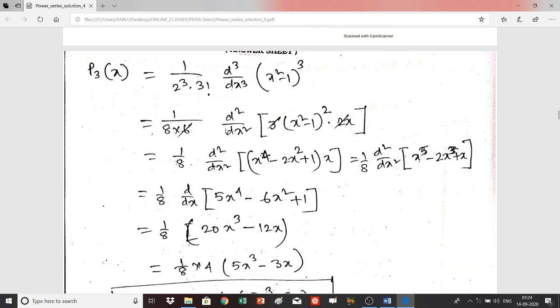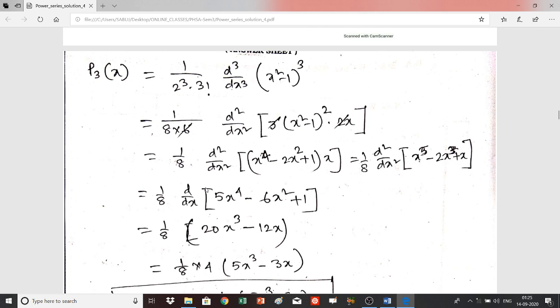Now the 3 and 2 will cancel out with 6, so 1/8 d²/dx², and just expand this: x to the power 4 minus 2x² plus 1, into x. That is equal to 1/8 d²/dx² of (x⁵ − 2x³ + x).